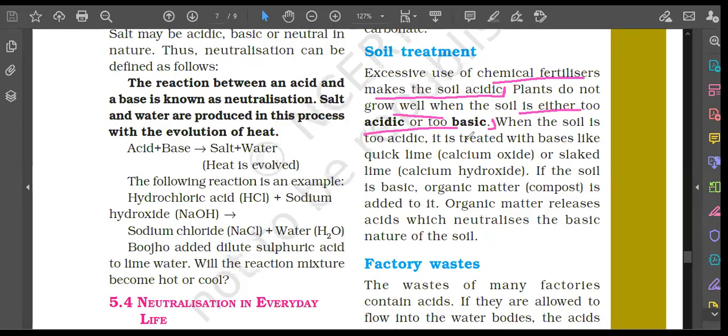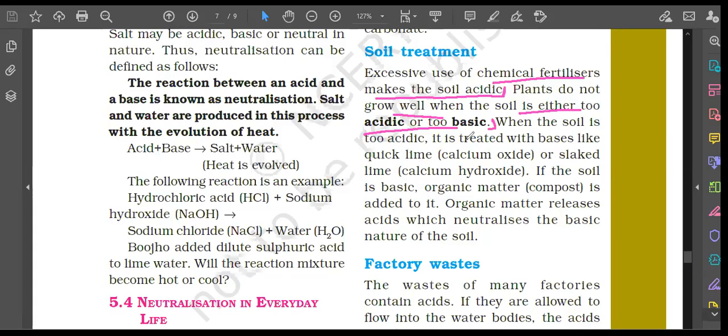Now, how many of you have ever visited a farm? Have you seen that farmers sometimes spread this chuna? Do you know what chuna is? No? Chuna is calcium oxide or calcium hydroxide.